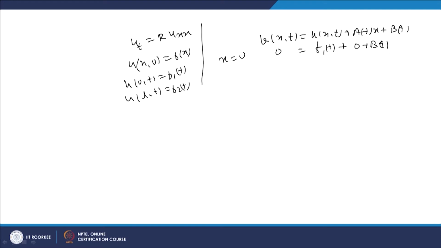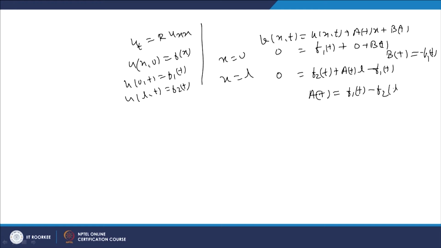So, we can find b(t) as minus f1(t), and at x equal to L we have 0 equal to f2(t) plus a(t)L minus f1(t). So, we can find our a(t) as (f1(t) minus f2(t)) divided by L.